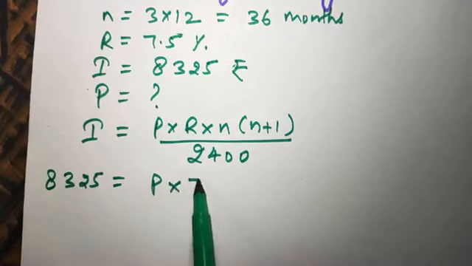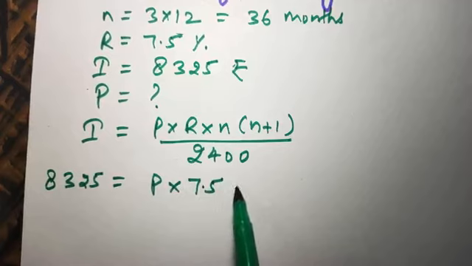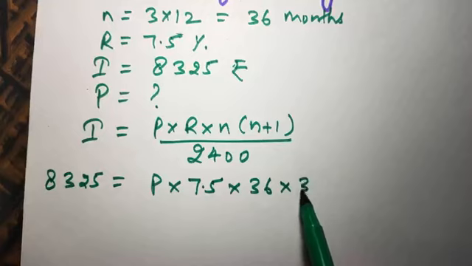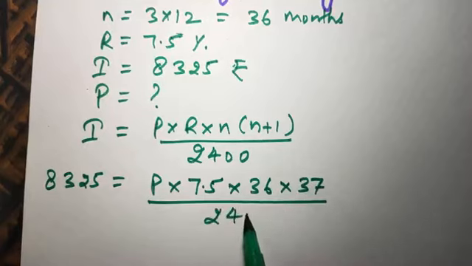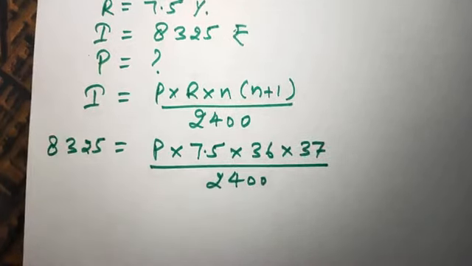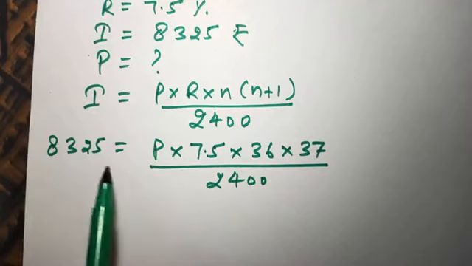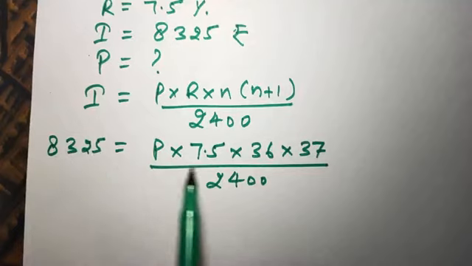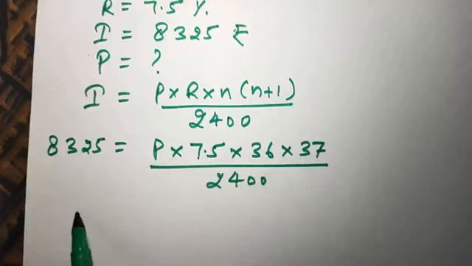In place of R 7.5, in place of n 36, and in place of n plus 1 37, because 36 plus 1 is 37, and in the denominator 2400. So here is some simple calculation. For calculation use your prudence. Here I am transferring this 2400 to this side, so it will multiply by 8,325.